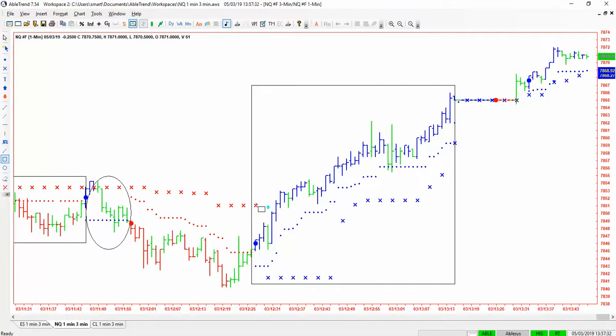You're still in a no trade zone because you got a red X up here, so you got to wait till this bar closes, or wait till this bar to not get another red X. So if I were trading this, 1, 2, 3, 4, 5, I probably would have got in right there.